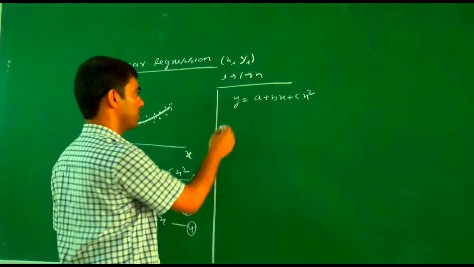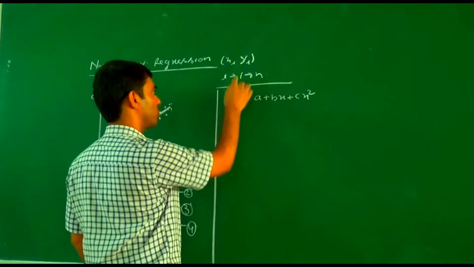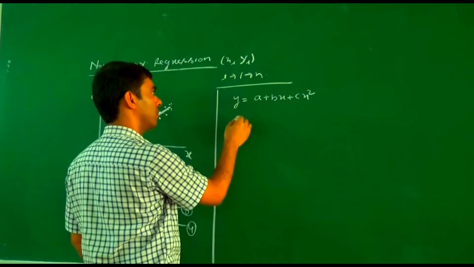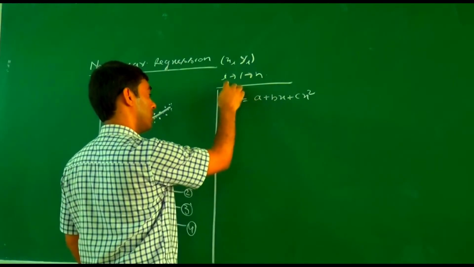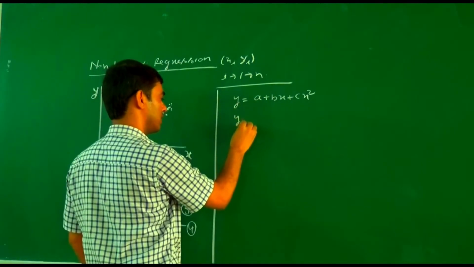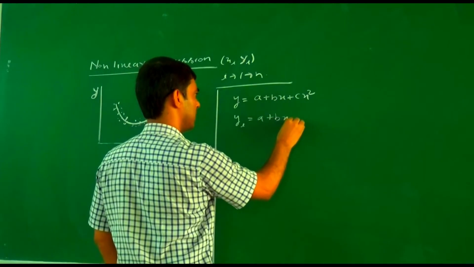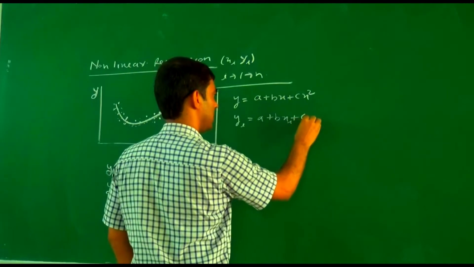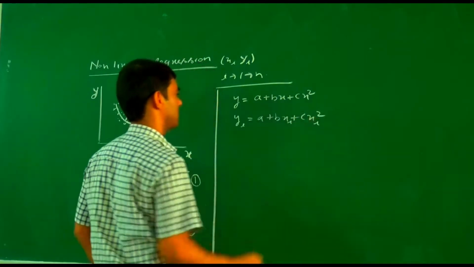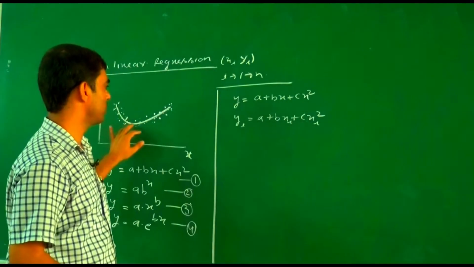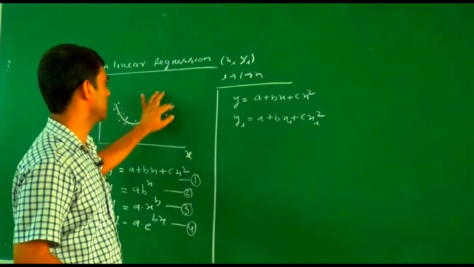Then we find, corresponding to each value of i, i equals 1 to n, yi equals a plus b xi plus c xi square. This is a representation of this curve.